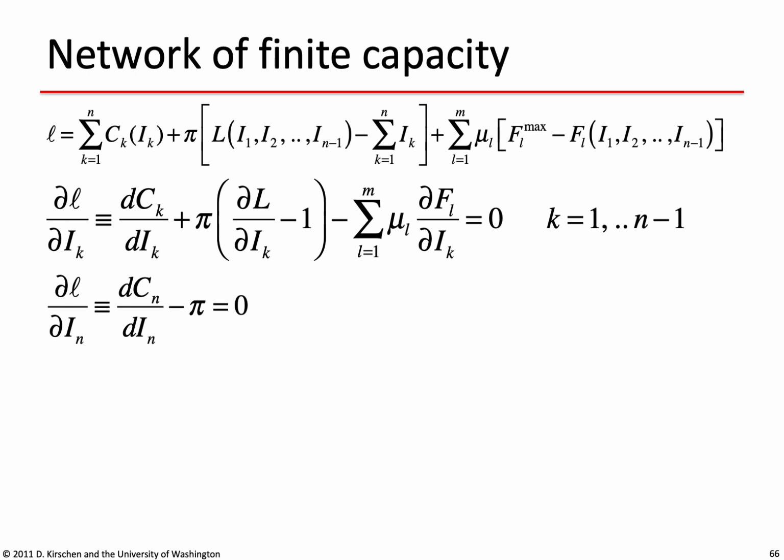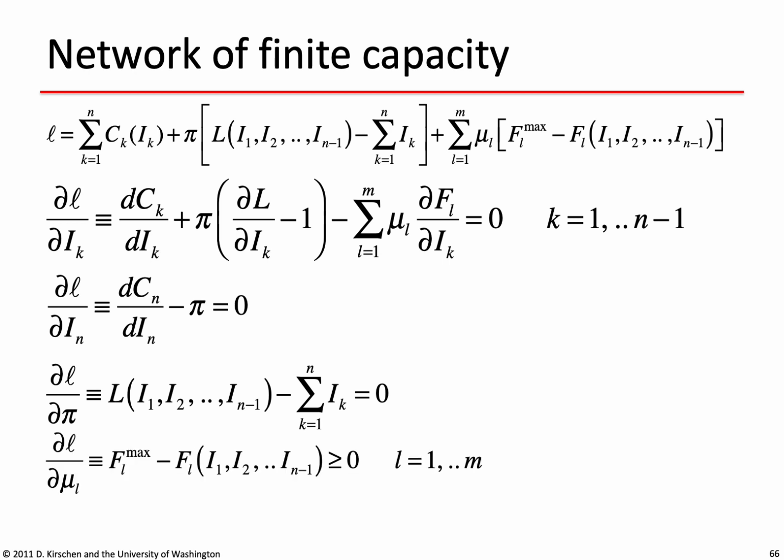So dL over dI_N is dC_N over dI_N minus pi. The partial derivative with respect to pi is simply the constraint expressing that the losses must be equal to the sum of the net injections at all the buses. And the partial derivative with respect to mu_L is the constraint on the flow in line L.